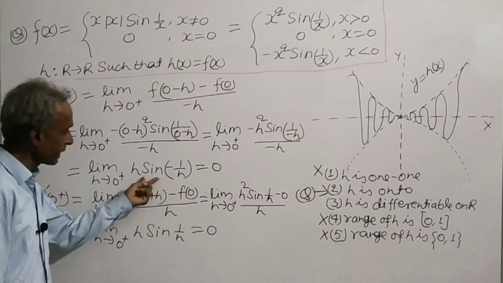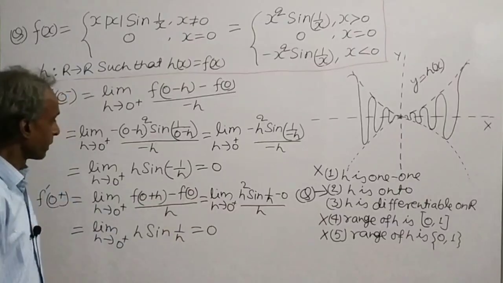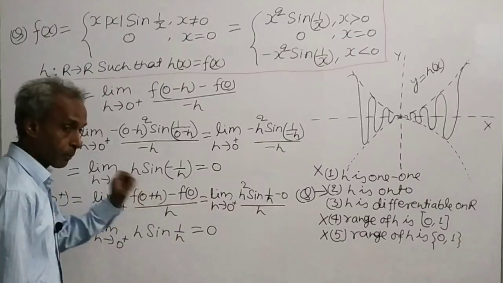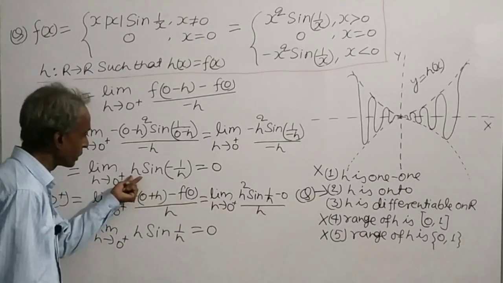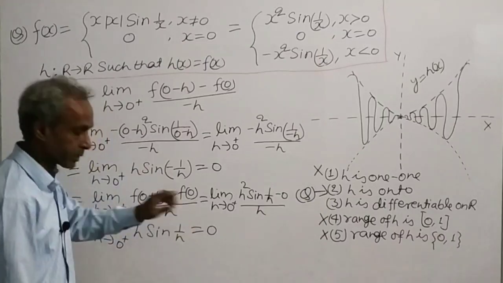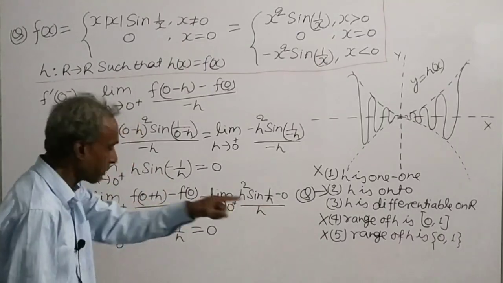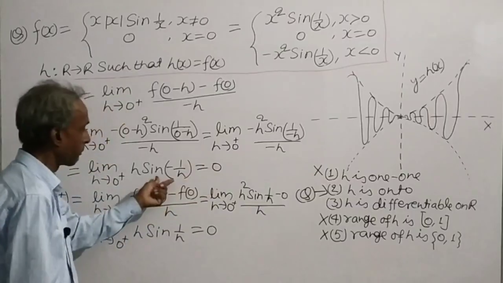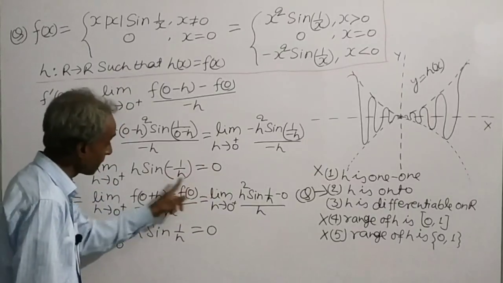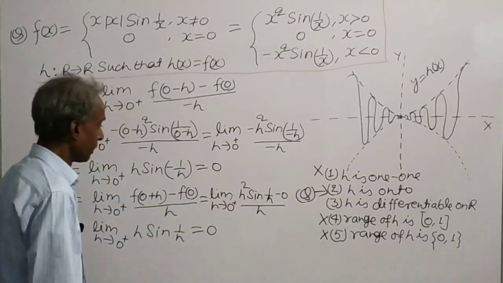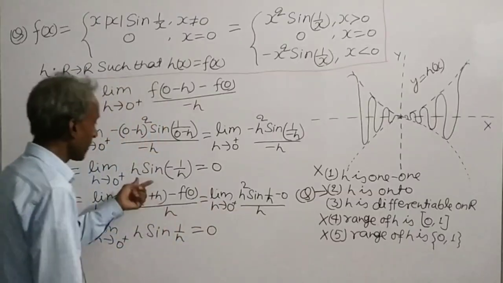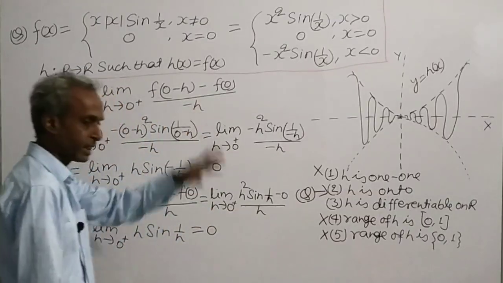This is not an indeterminate form. This is the form of tends to 0 times a number fluctuating between two finite numbers, bounded between two finite numbers. This is not an indeterminate form, its value will be 0.